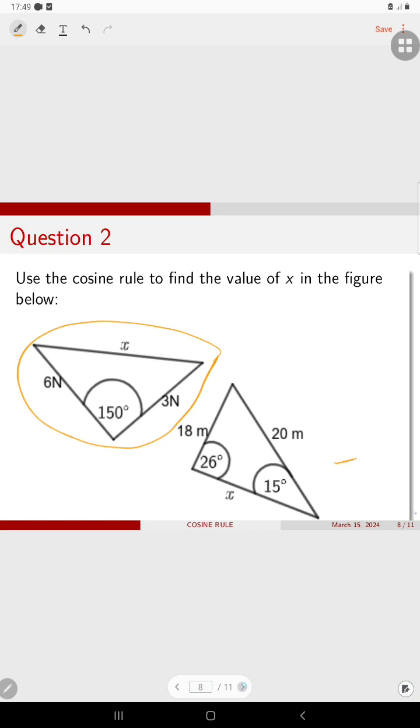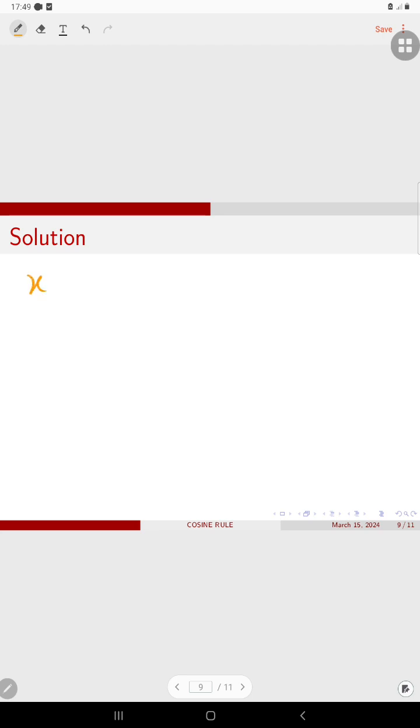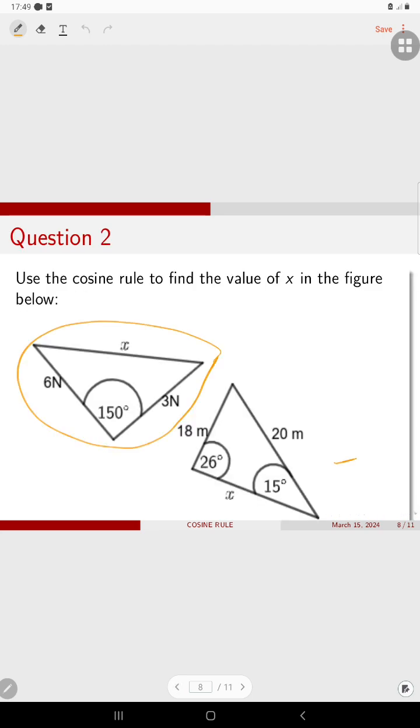On the next line, we get x squared is equal to 6 squared plus 3 squared. Is that not it? So let me write x squared equals 6 squared plus what? 3 squared minus 2 times 6 times 3 cos the angle facing x is what? 150 degrees.